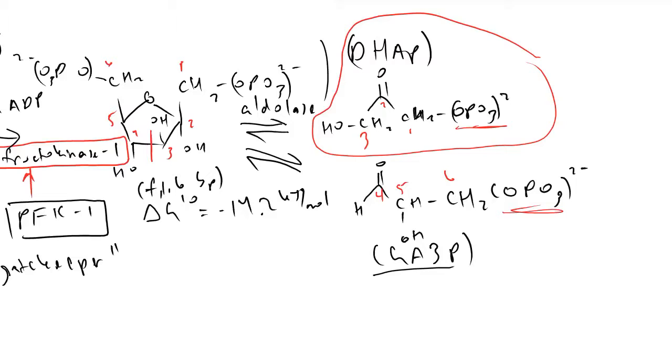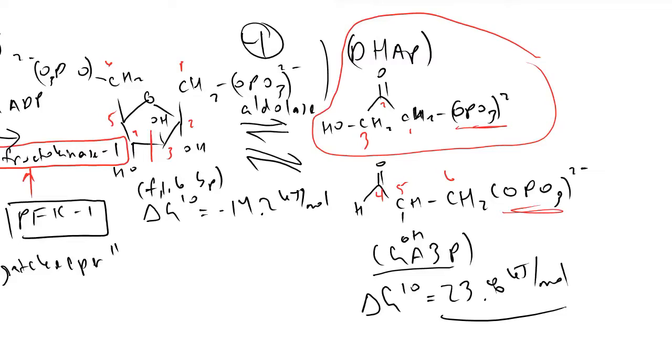The final thing I will say about step 4 in glycolysis is that we should recognize the Gibbs free energy value of this reaction, and it's a very large positive number, 23.8 kilojoules per mole. The reason it is so large and so positive is because we did just break a carbon-carbon bond, which requires enormous amounts of energy.